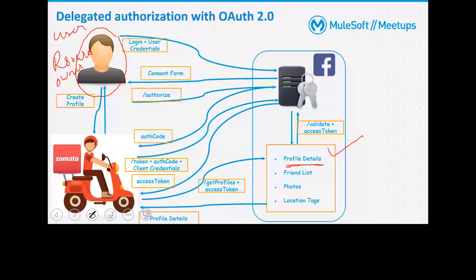So the next question is: OAuth 2.0 is not the same as OpenID Connect in the context of user access, or is OpenID Connect some different context when we talk about application users or individual users? I would say you cannot call OpenID Connect without OAuth 2.0.